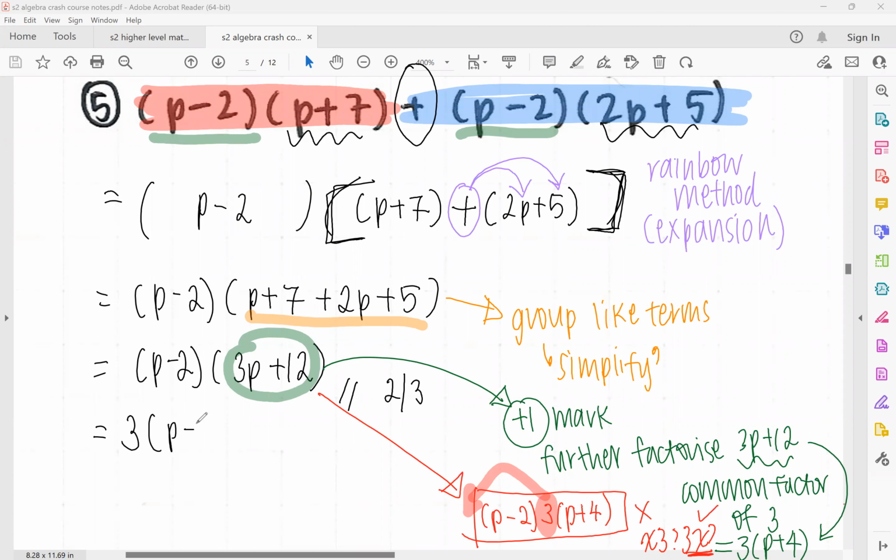Everybody, together. p minus 2, open bracket. No more 3p already. Why? Because I already took out the 3 from the 3p. Okay, it'll be p. Yes. Understand now? And with that, you get your full 3 out of 3. You all can copy everything that you see on the screen right now.